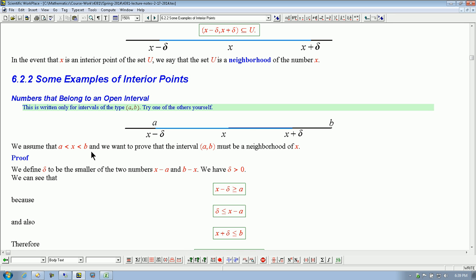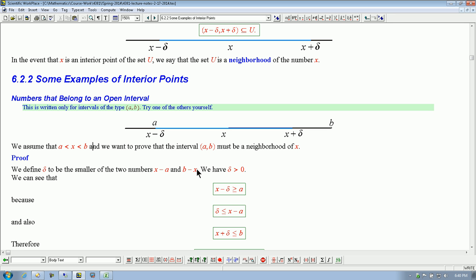So now, I'm going to prove that if X is a number in the open interval that runs from A to B, that's assumed, I'm going to prove that X must be an interior point of that interval. And this is the proof. I'm giving you only a very quick review. We defined delta to be the smaller of the distances from X to A and from X to B. In other words, you look at X minus A and you look at B minus X, and you take the smaller of those and you call that delta.